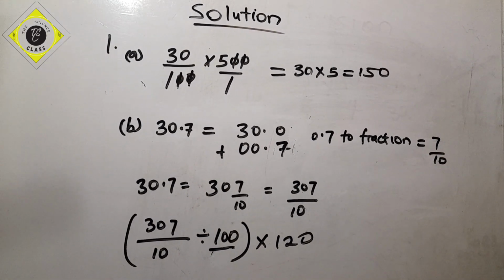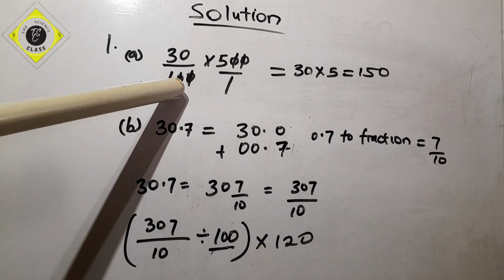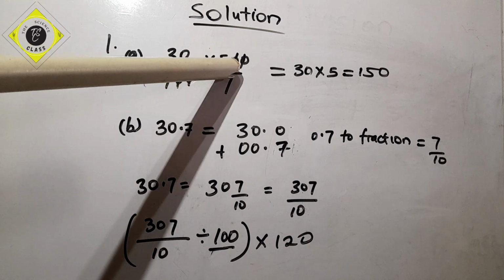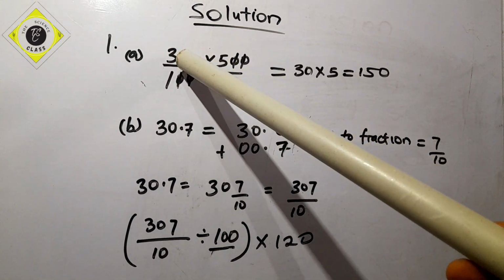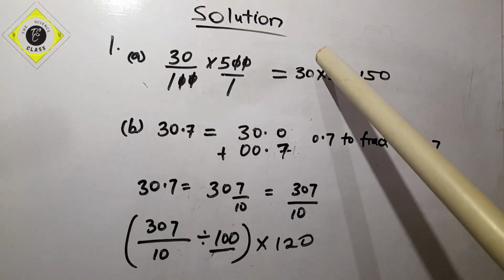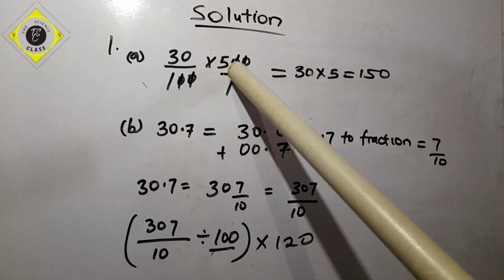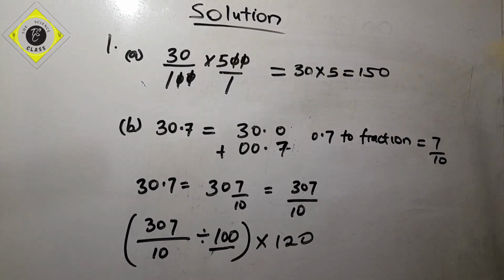So from the knowledge of our division class, these two zeros can cancel out the two zeros at the back of 500, and so you have 30 remaining here, times the 5 remaining here, and the answer gives us 150.